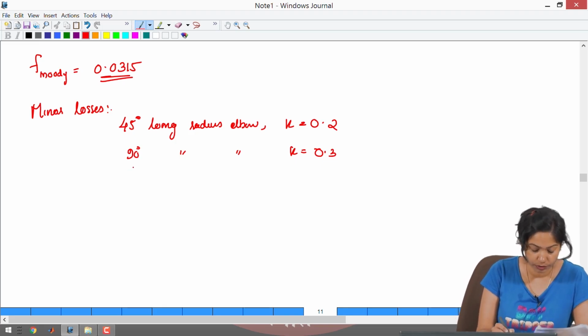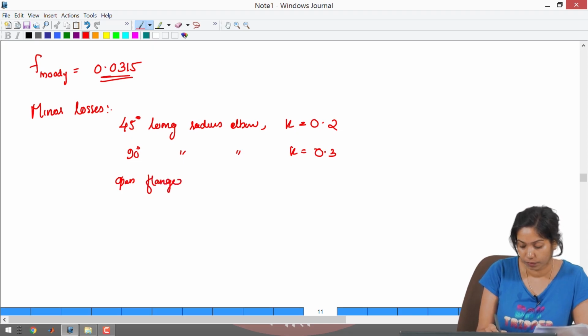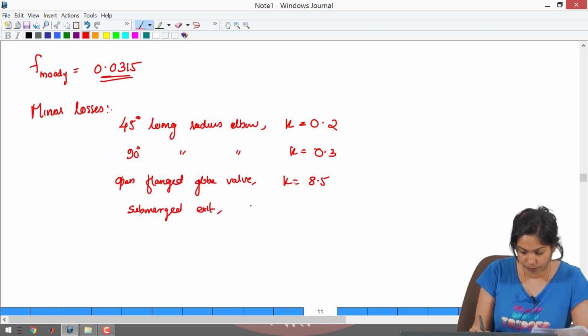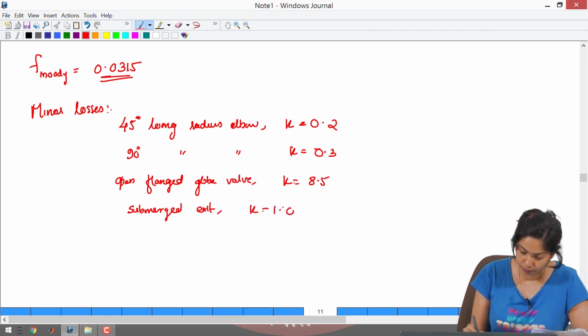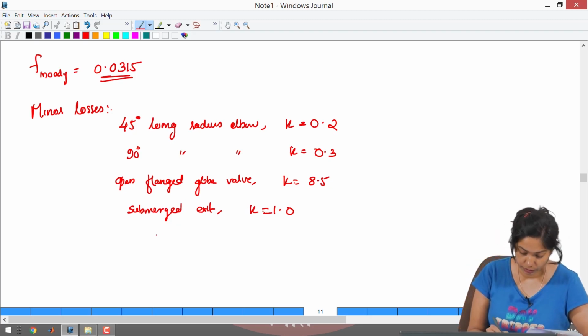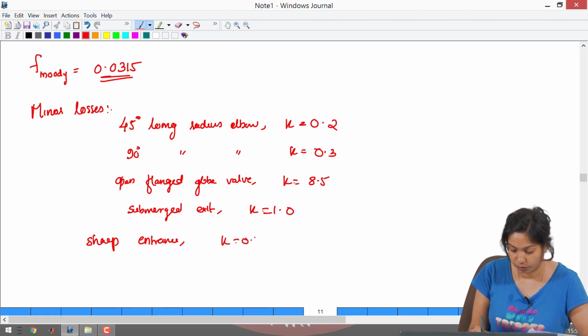And for open flanged globe valve, K equal to 8.5. Similarly, for submerged exit, K equal to 1. And also for the sharp entrance, K equal to 0.5.